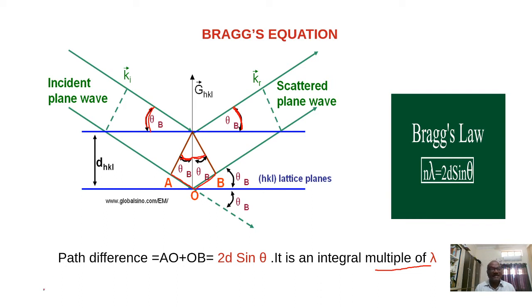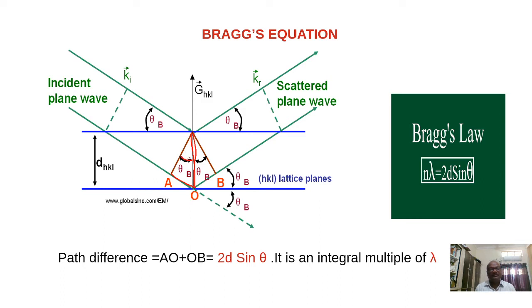So in this figure, we can find two triangles. Let us observe the first triangle. In this triangle, this is the interplanar distance D. Next, this is the angle of incidence.